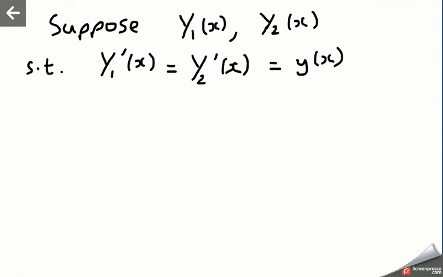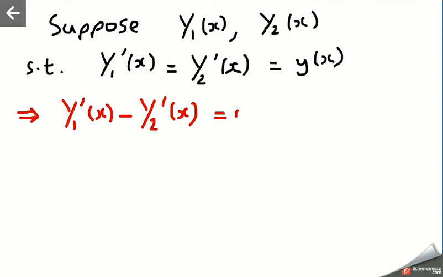Well, if they both differentiate to the same thing, that means their derivatives are equal. In other words, this tells us that big Y1 prime of x minus big Y2 prime of x is equal to 0.